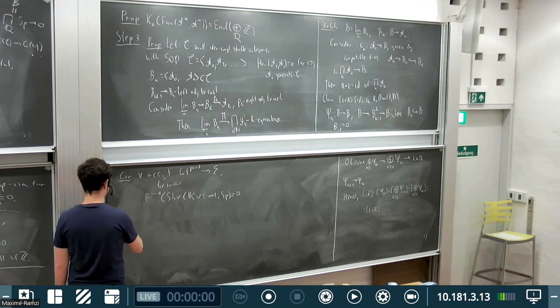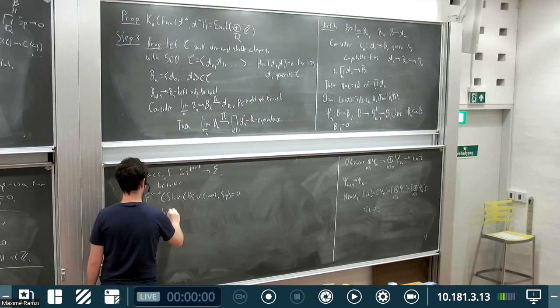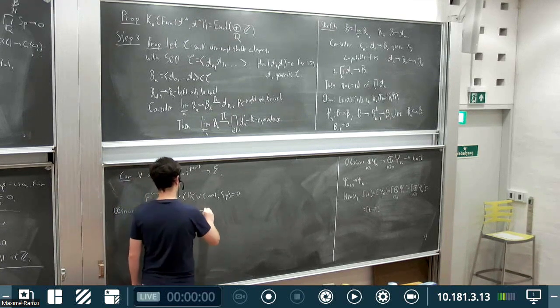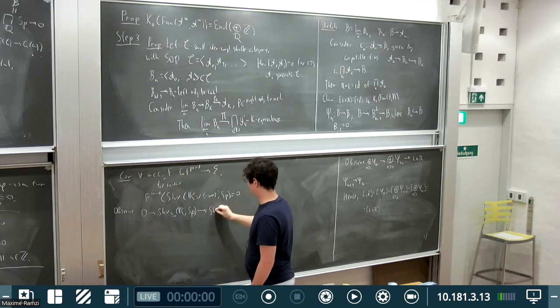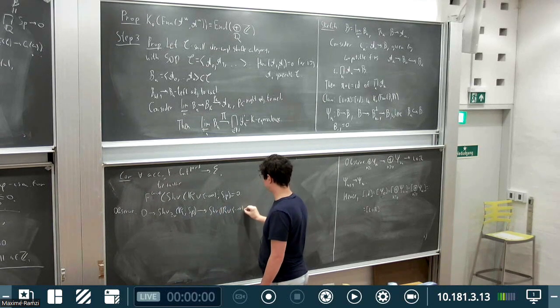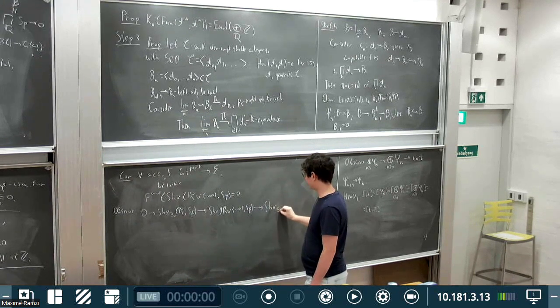Basically, we just observe that there is a Schroedinger sequence from sheaves with non-negative singular support, to sheaves on this R union minus infinity, to sheaves with non-positive singular support.